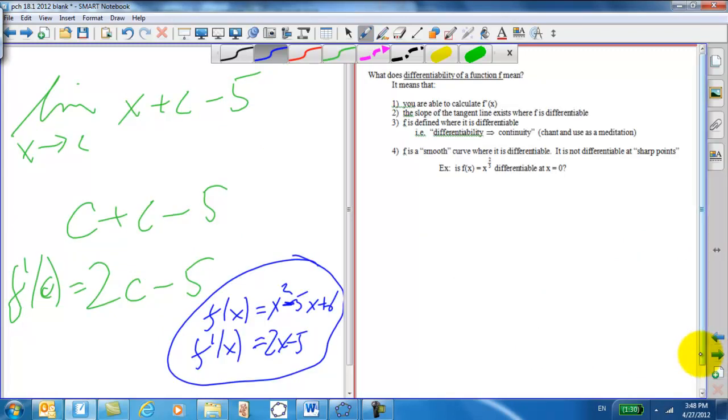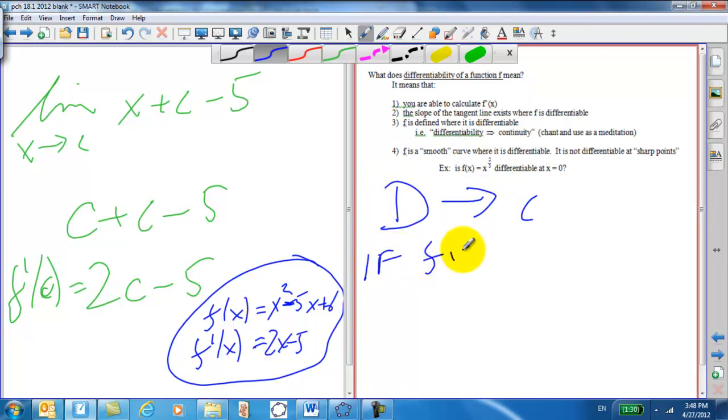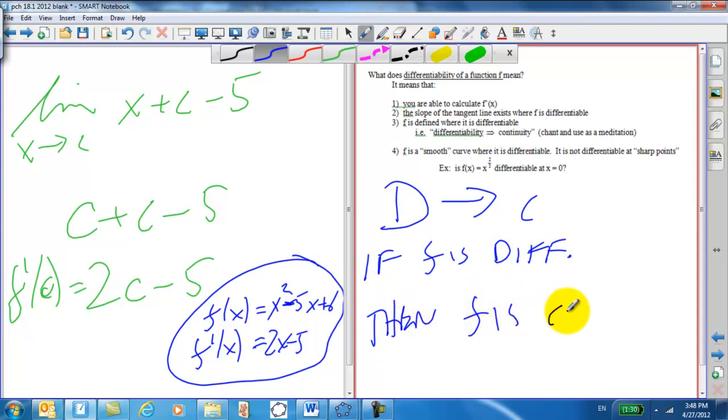Now, differentiability of a function means you can take its derivative. You're able to figure out f prime at x. The slope of the tangent line exists, and there is a tangent line. And it's defined as differentiable. And if it's differentiable, it means continuity. Differentiability, D implies C. If f is differentiable, then f is continuous at, let's say, x equals c.